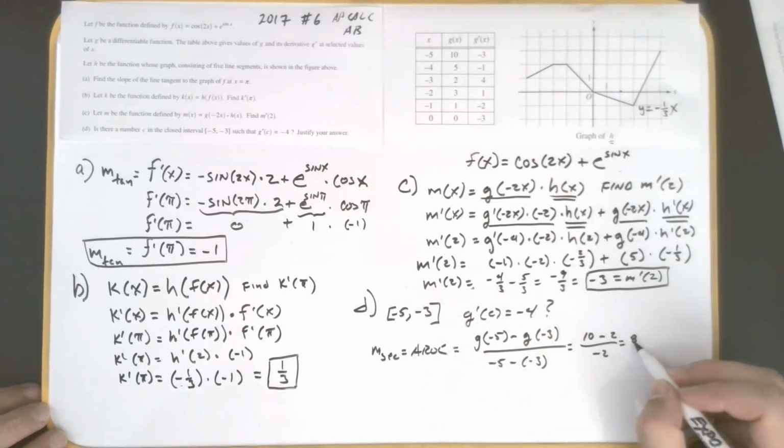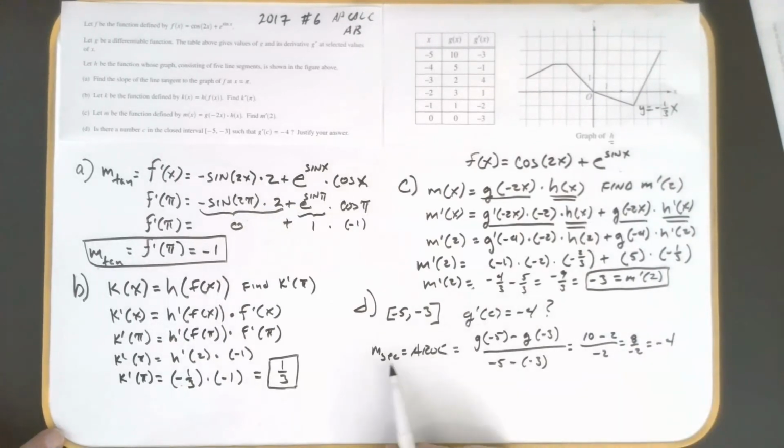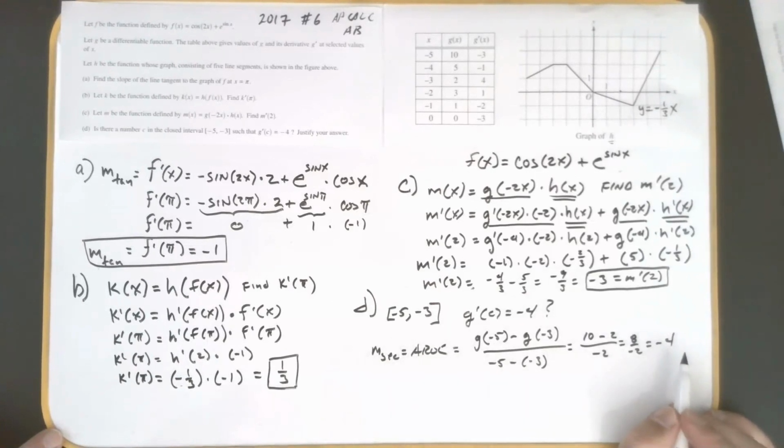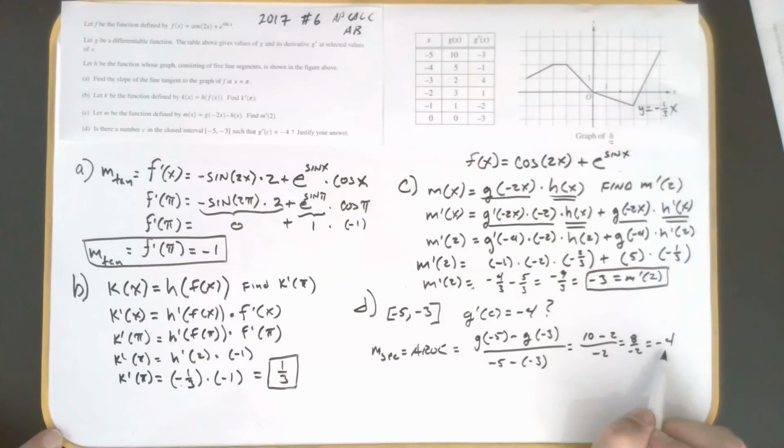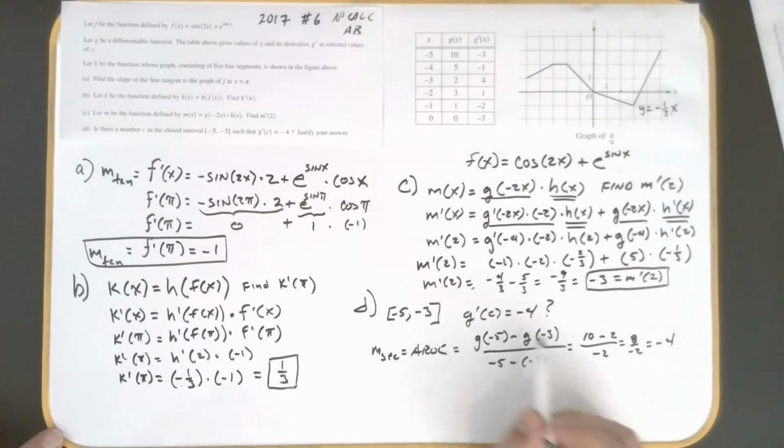So we get 8 over -2, and that is -4. So the slope of the secant, or the average rate of change, is -4. And what it's asking you is, is there a c value in there such that the derivative, or the instantaneous rate of change, or the slope of the tangent, is -4? Well, look at that. The average rate of change was -4, so yes.